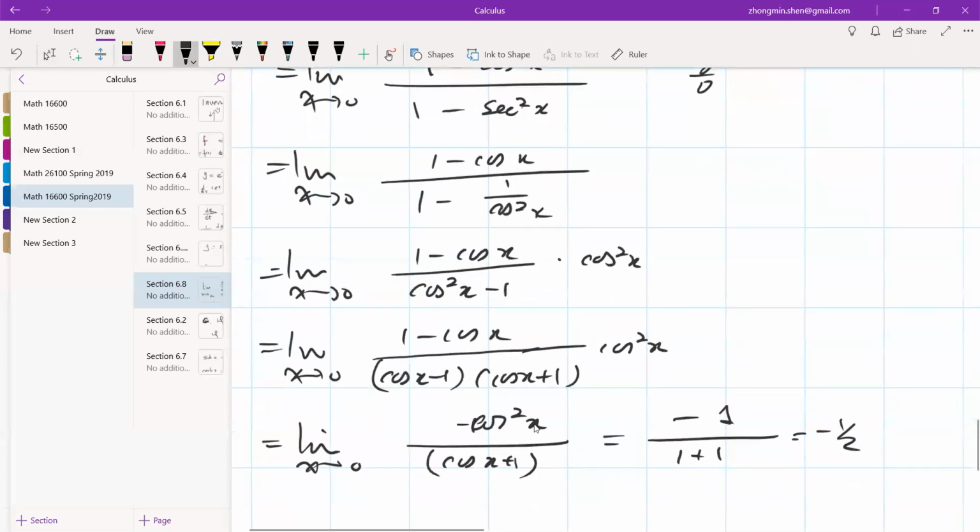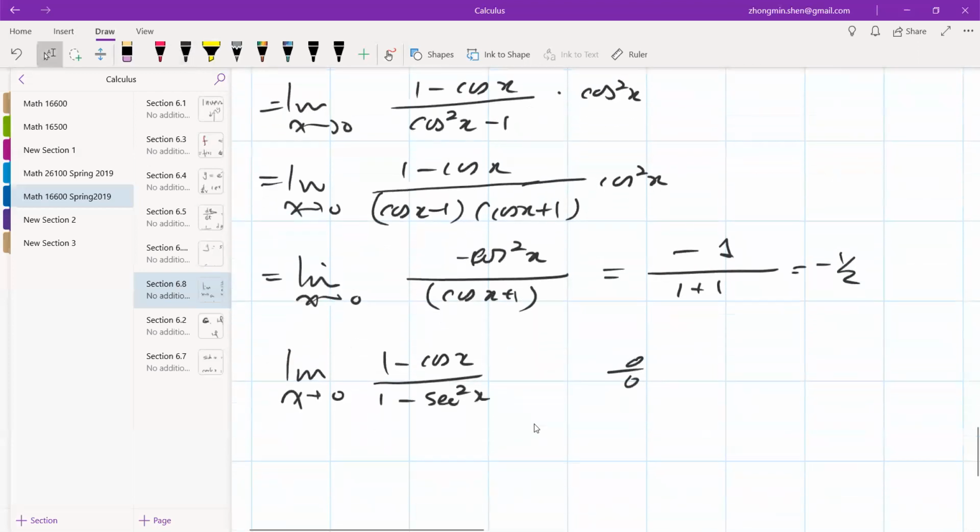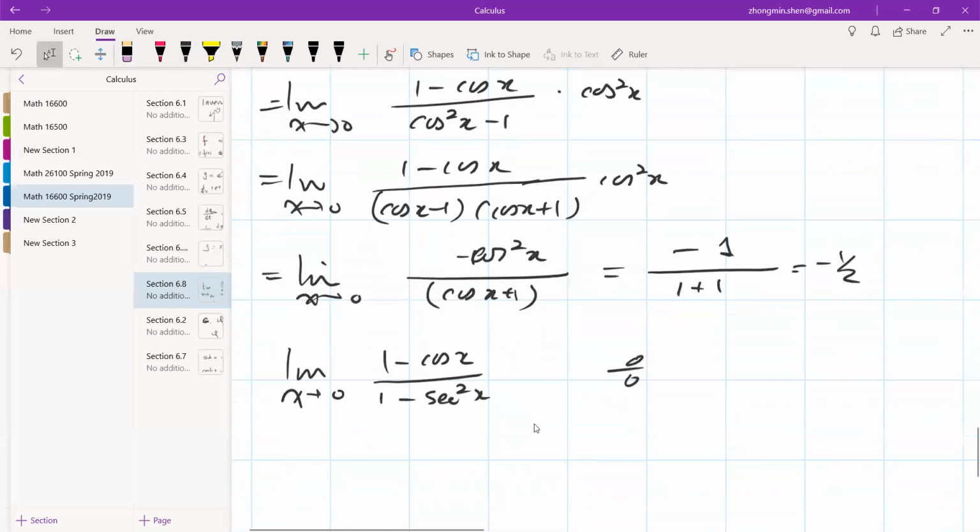We can try, you know. If you are given this, and you look at it, it's a 0 over 0 type, right? And how do you do the next step? Okay, I'm going to differentiate. Fine, so I get sine x, and here the derivative of 1 is gone, so it's negative 2 secant x.